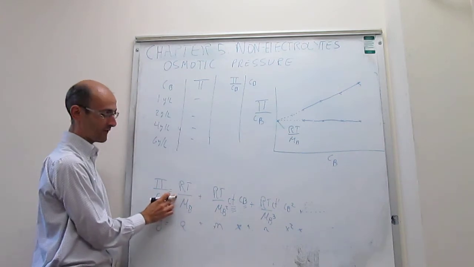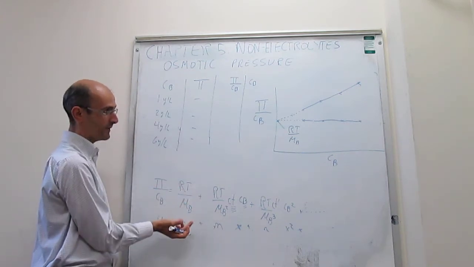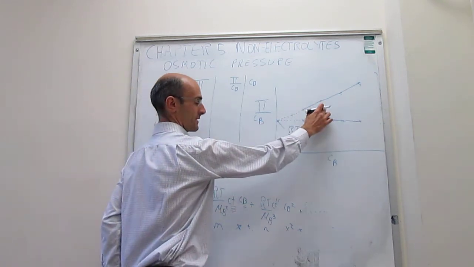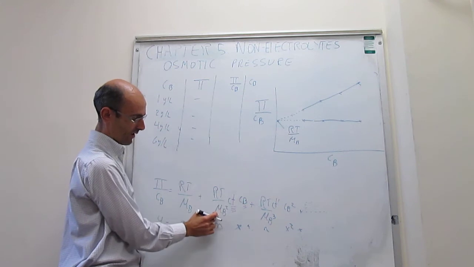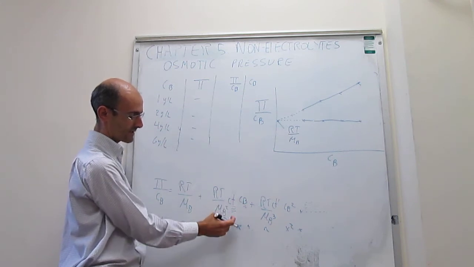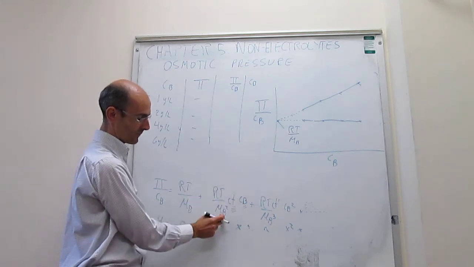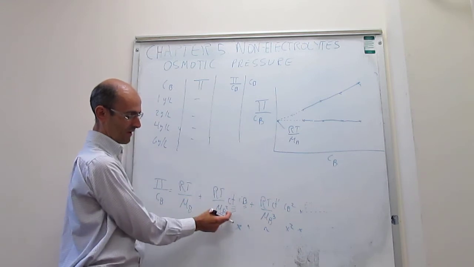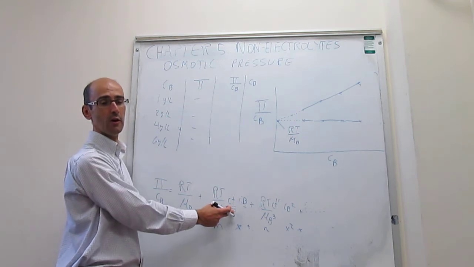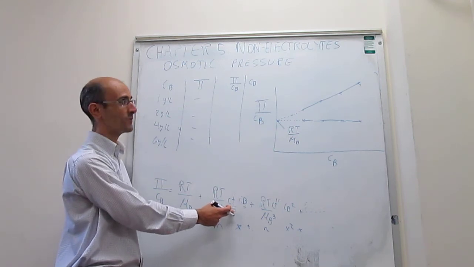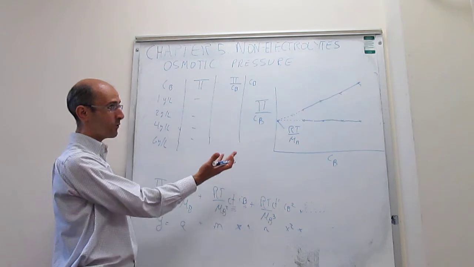So from the intercept, you can obtain what the molar mass is. The slope of this line is going to be equal to RT over the molar mass squared times this constant. In principle, you could also obtain the molar mass from the slope, but you would need to know what this constant is, and we don't know what that is. It's just a measure of how far away from ideality you are. All right, so that would be a second case.